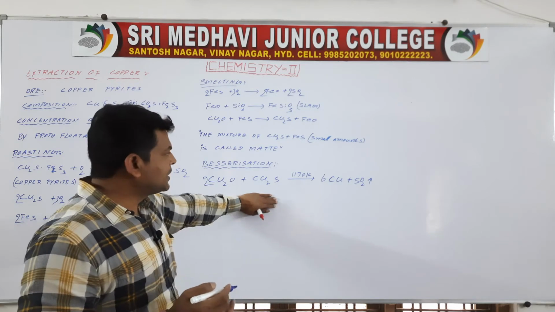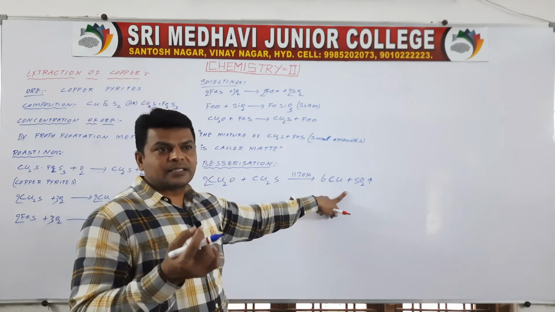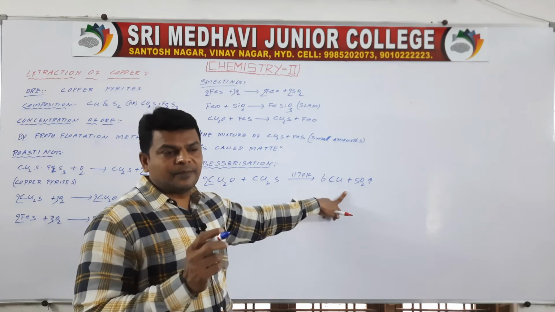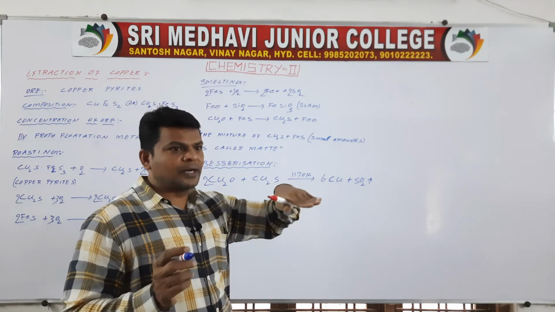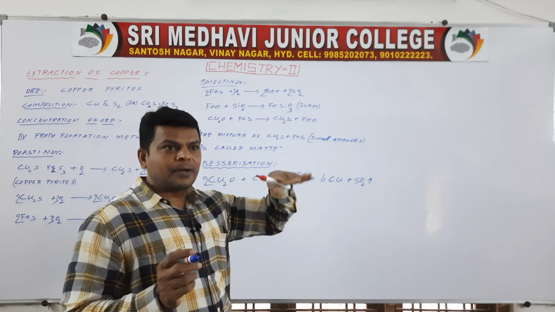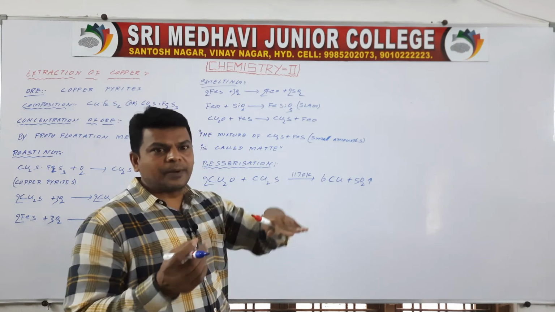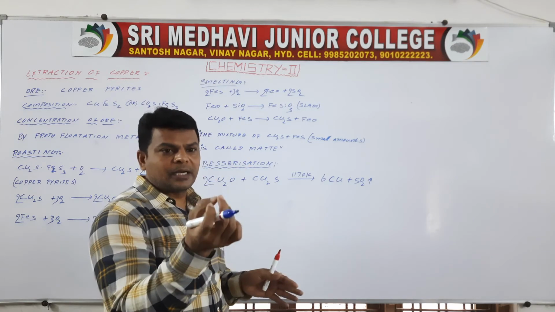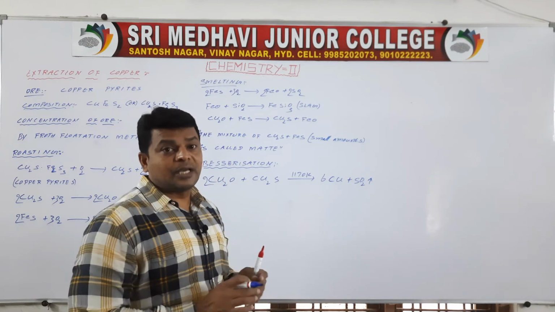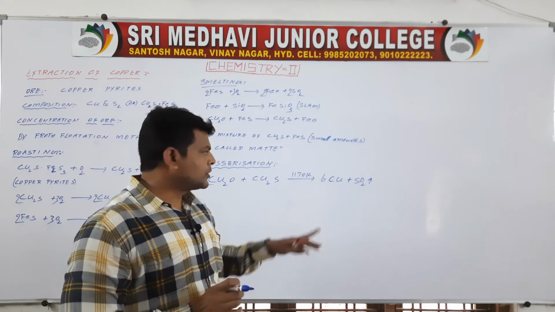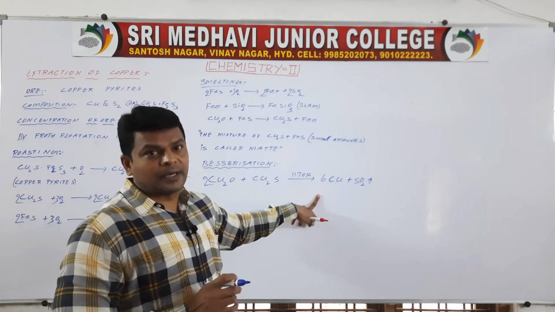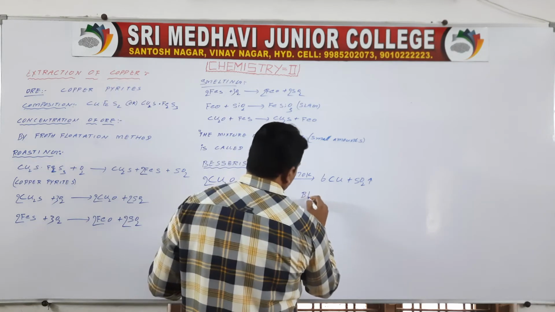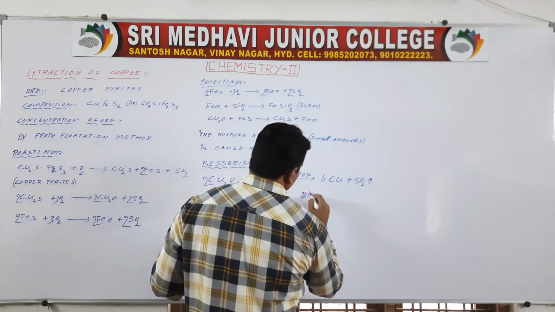At the same time, SO2 gas leaves blisters on the surface of the copper. When SO2 gas leaves the copper, it leaves small air bubbles, which are nothing but blisters. So it is called blister copper.